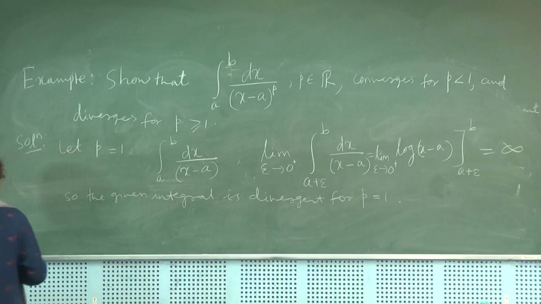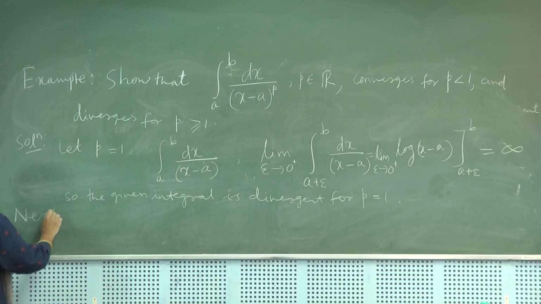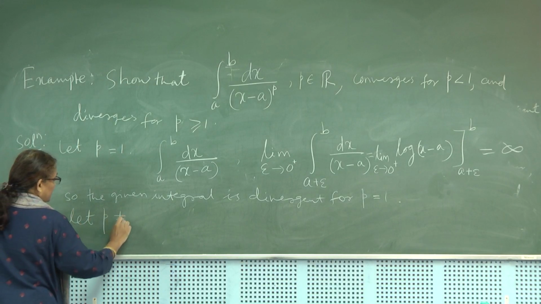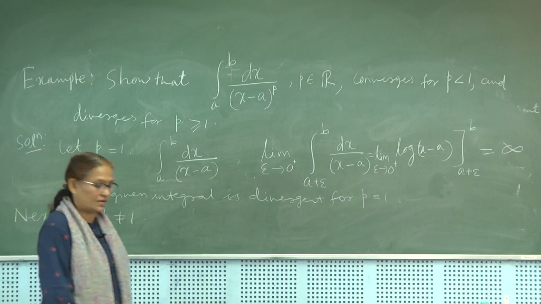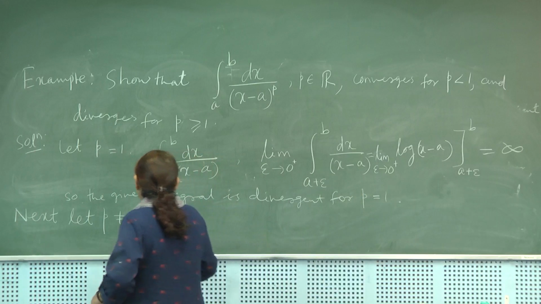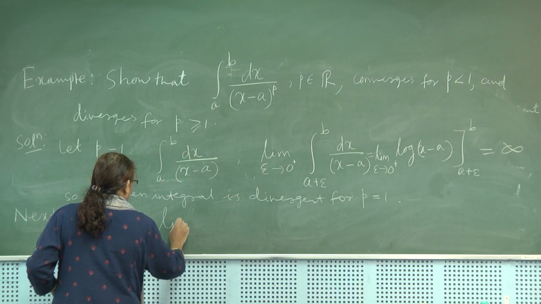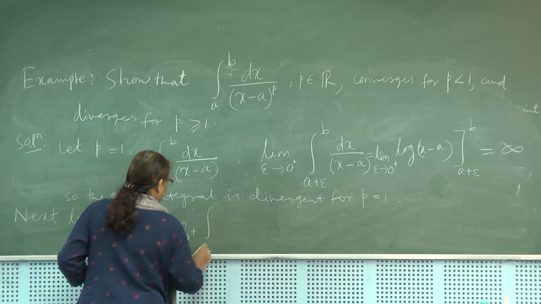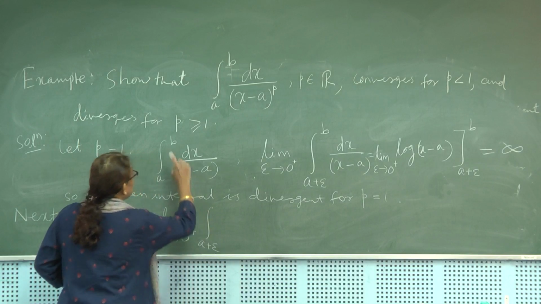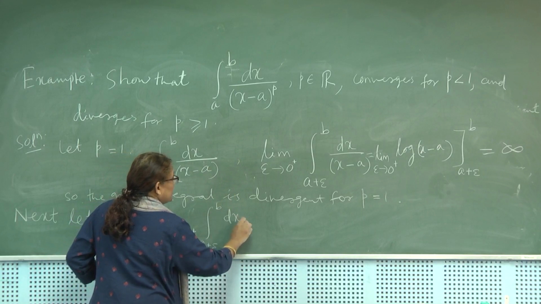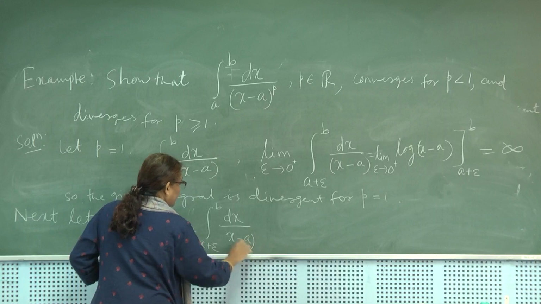Here, in a similar fashion, next we take p different from 1, p not equal to 1, and in this case also you have to consider the limiting value of epsilon tends to 0 plus, the integral from a plus epsilon to b, dx divided by x minus a whole to the power p.